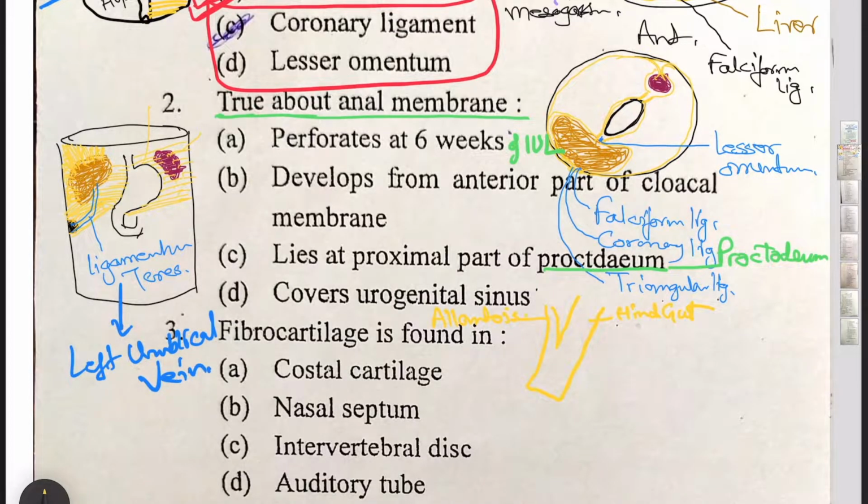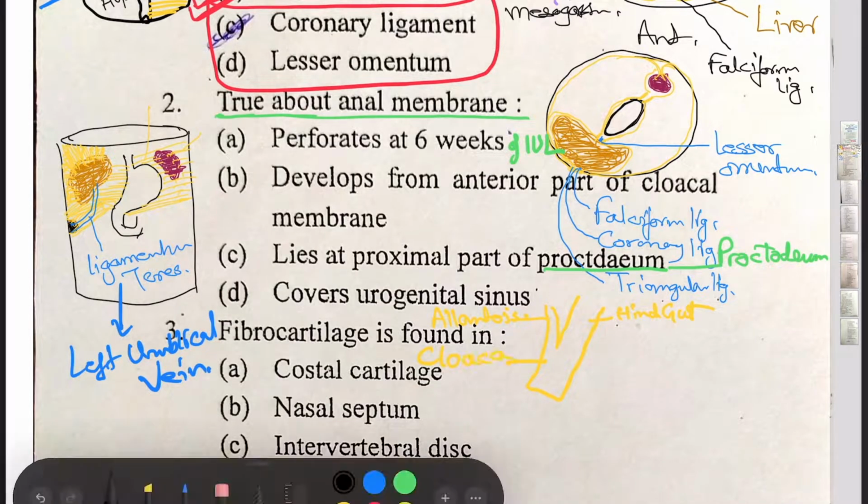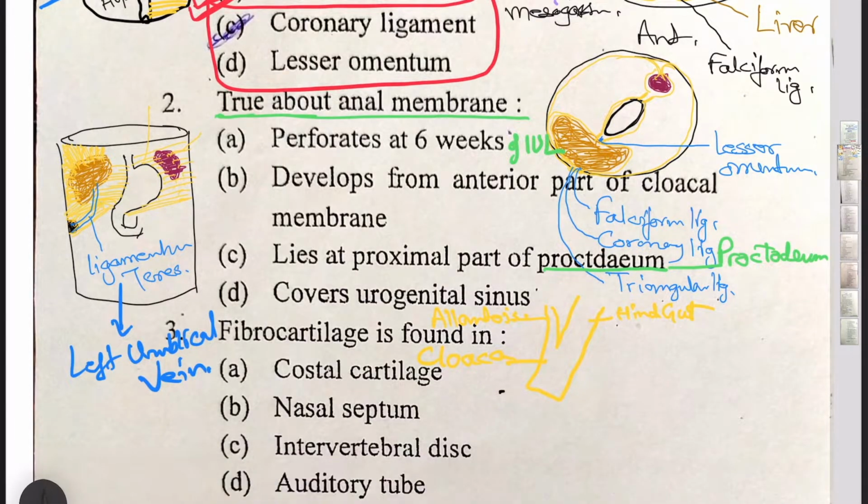This reaches up to the umbilicus, which later on forms the urachus. And this portion here is called the cloaca. Now outside to this, of course, in the tail end of the developing embryo, there is this membrane covering from outside, which is ectodermal, right? What I have drawn above is, the yellow color is endodermal, and the black color thing here is this cloacal membrane. This is cloacal membrane, which is ectodermal, right?